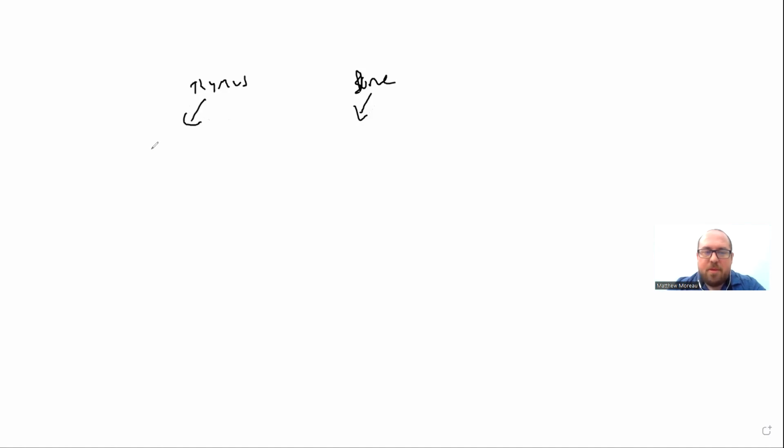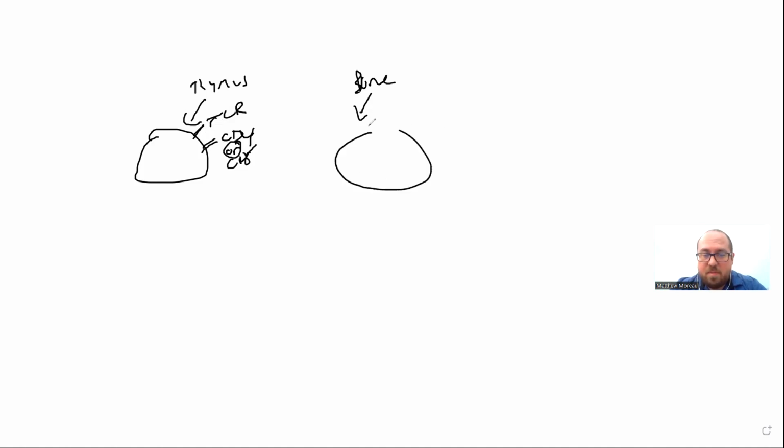So when T cells come out of the thymus, they already have either CD4 or CD8. They're not both, they're one or the other, and they also have a T cell receptor. And that T cell receptor is already predetermined as to what that T cell can recognize. And same thing with the B cell. When the B cell comes out, it has a B cell receptor, and that B cell receptor is specific to whatever it can recognize.